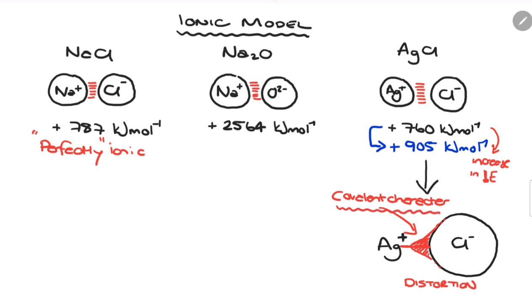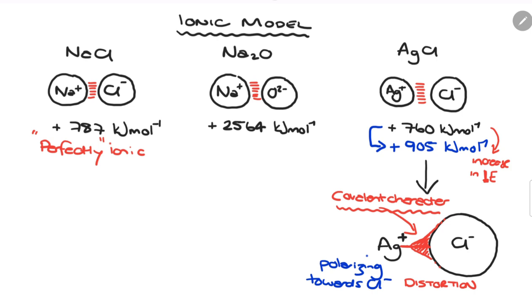And it's caused by the polarizing power of the silver ion. The silver ion is said to be polarizing towards the negative ion. So silver ions are highly polarizing, or are more polarizing than sodium ions.